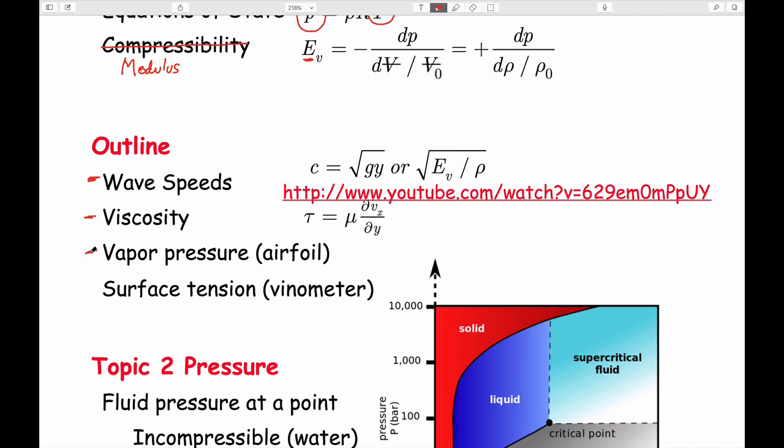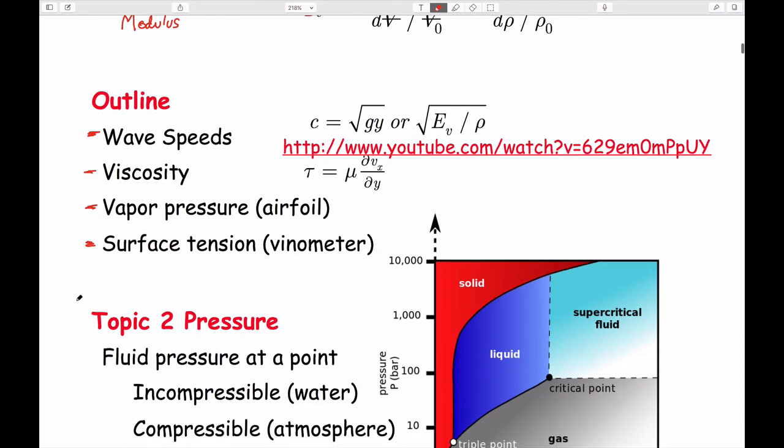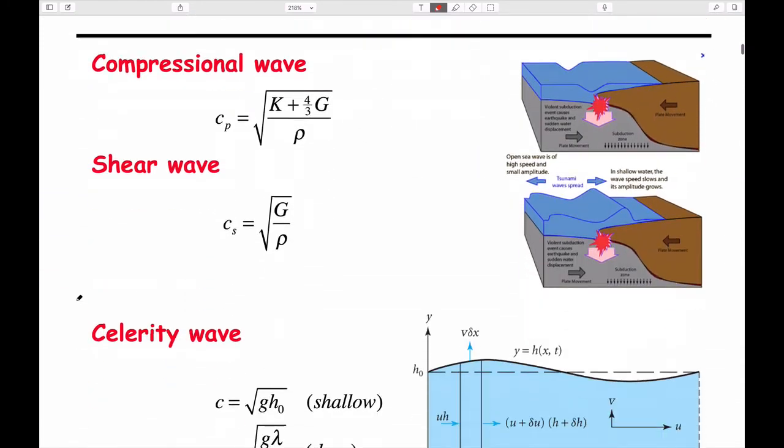Talk about phase diagrams, and we'll talk about interfacial tension or surface tension. Maybe we'll talk about a venometer. A venometer is something you can tell what the alcohol content of your beer is when you go down to the Skeller or wherever the place to go these days is. Okay, so those are the things we'll talk about. So wave speeds first.